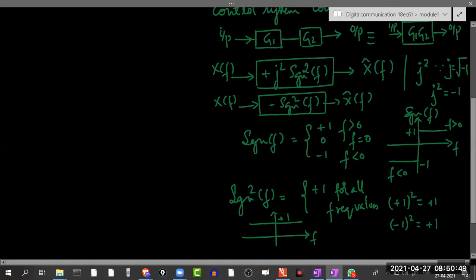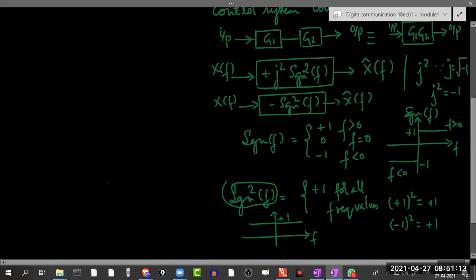So you can see that this block associated with gain value signum squared of f, and we know that signum squared of f is equal to amplitude value 1. So can I replace this signum squared function with its magnitude value? Because all we are interested in right now is its magnitude value.